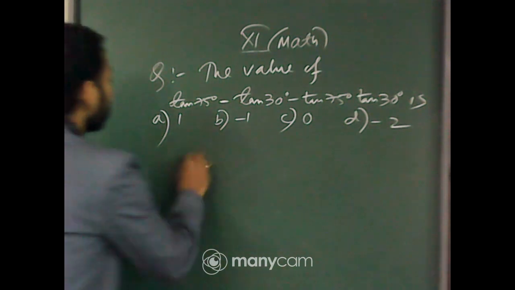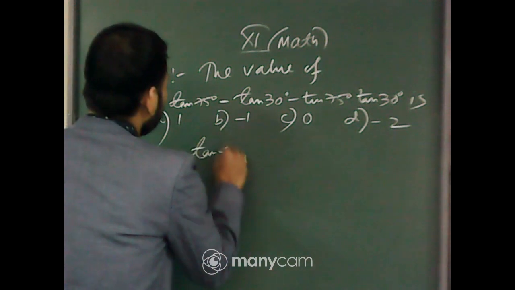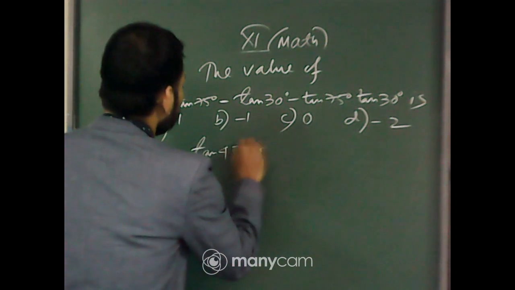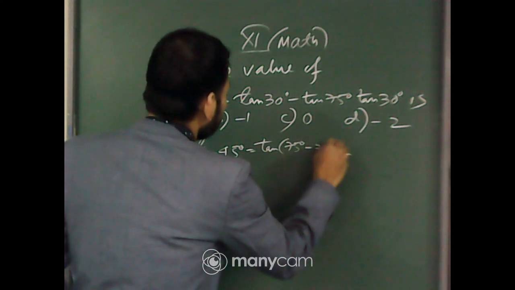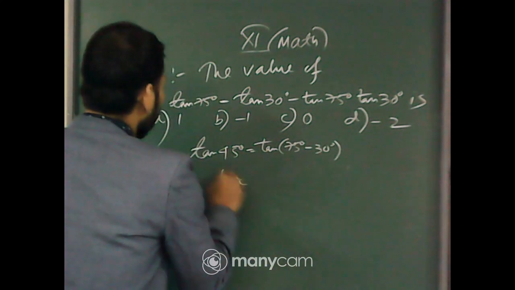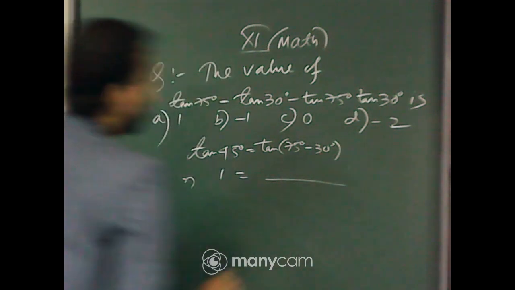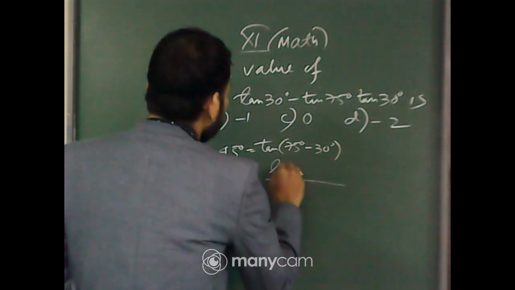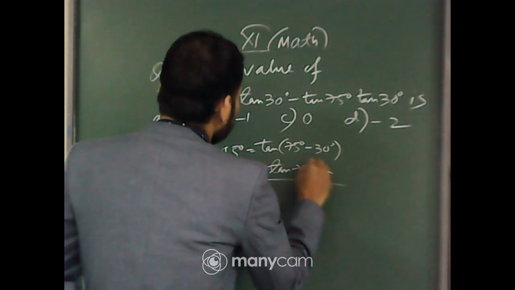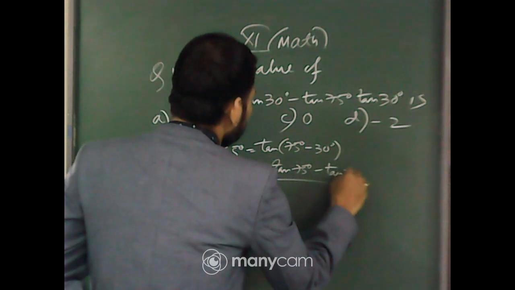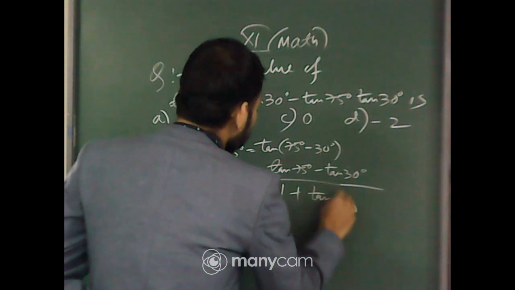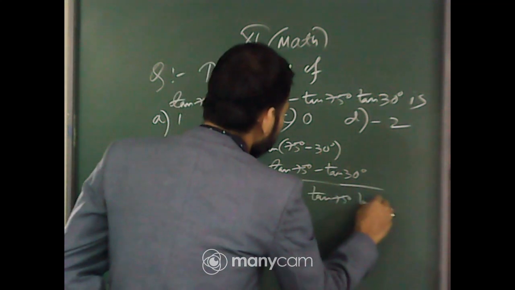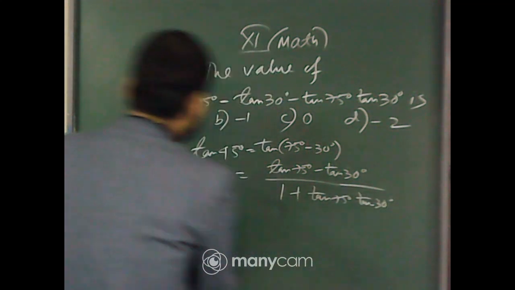Okay, I am giving you some hint. Tan 45 degree equals tan of 75 degree minus 30 degree. So 1 equals tan of A minus B, that is tan 75 degree minus tan 30 degree divided by 1 plus tan 75 degree into tan 30 degree.